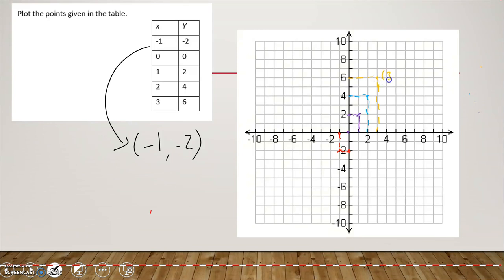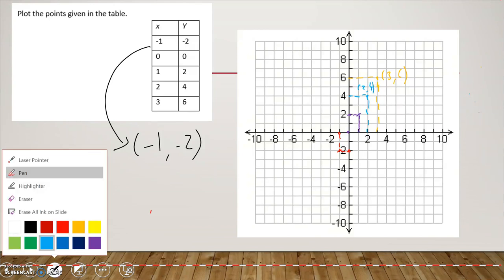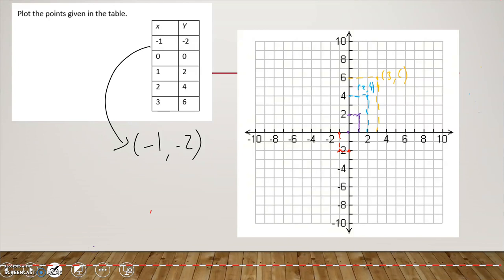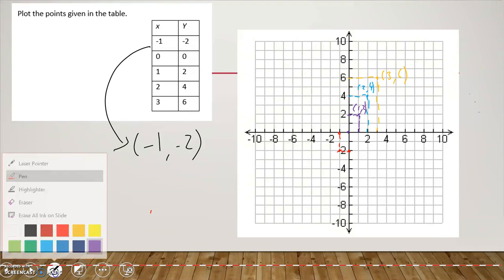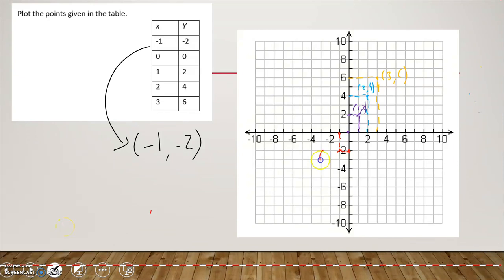Now you can label those on the graph so that your reader knows which points you've located where. And so your Cartesian plane will look like that.